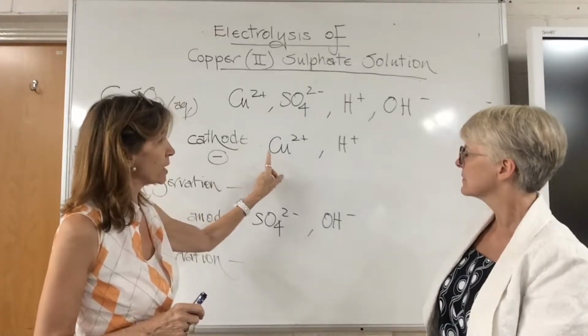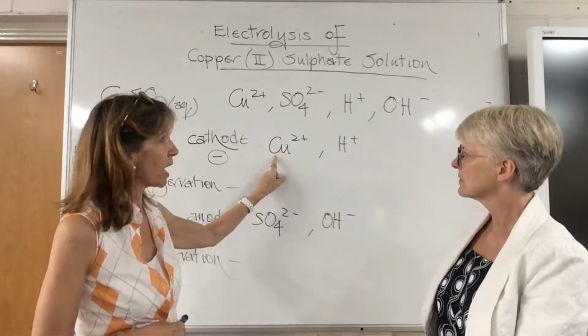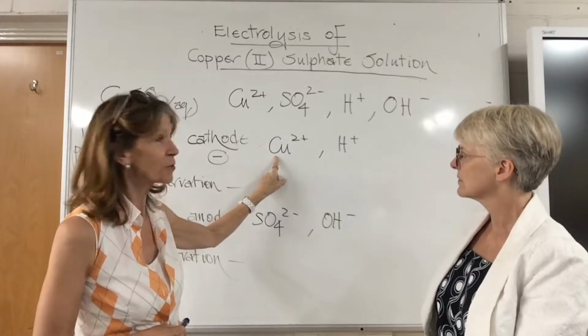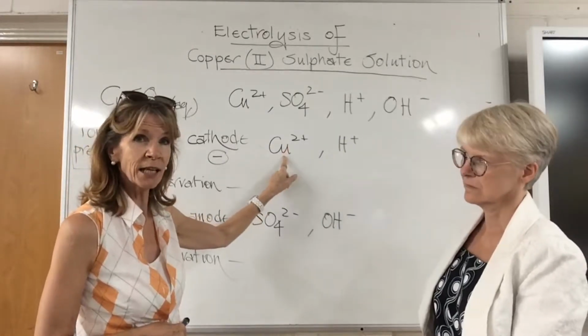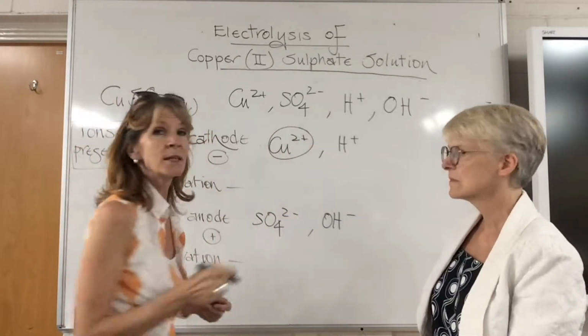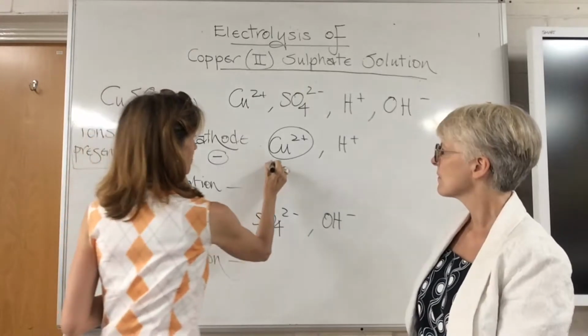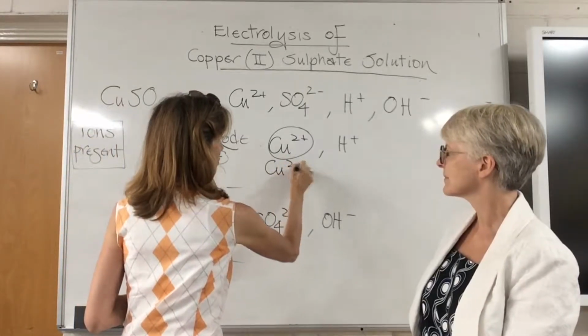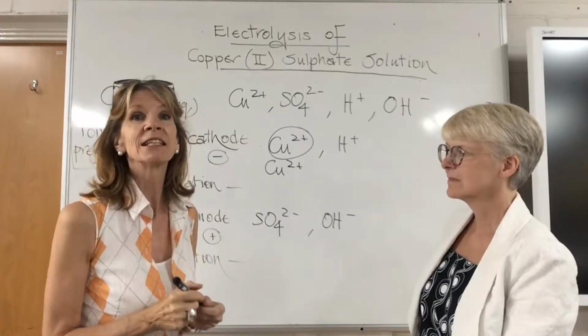The one which will be discharged will be the ion which is the least reactive. So in this case you've got copper 2 plus, hydrogen ions. The least reactive ion here is copper 2 plus. The copper 2 plus will accept the electrons from the cathode. So we have the copper 2 plus, which will be preferentially discharged.